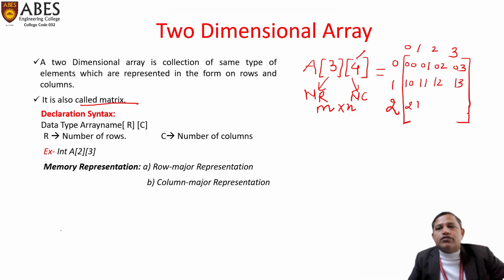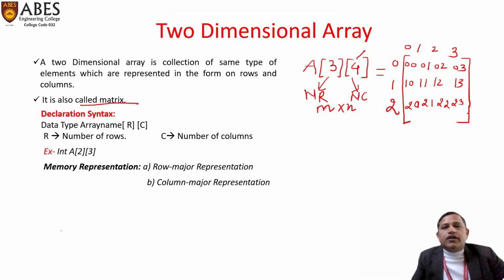Then second row 0th column through second row third column. This is the matrix representation of a two-dimensional array where 3 represents the number of rows and 4 represents the number of columns.